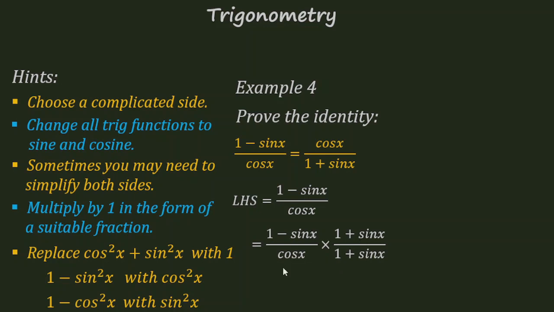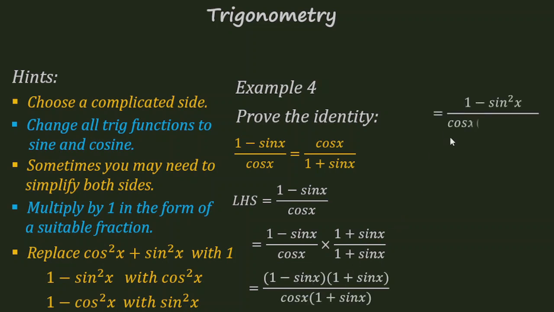So if we multiply these two, we end up with 1 minus sin squared theta all over cos theta into 1 plus sin theta. But we know that 1 minus sin squared theta is the same as cos squared theta. So we can write that as cos squared theta.